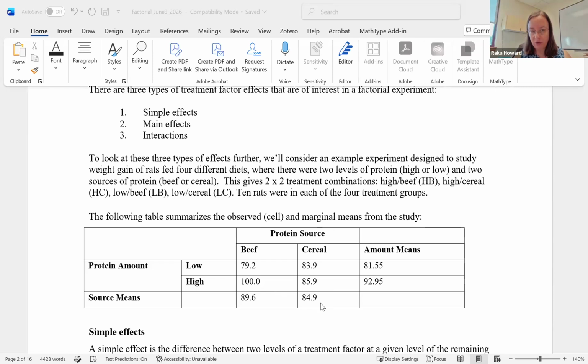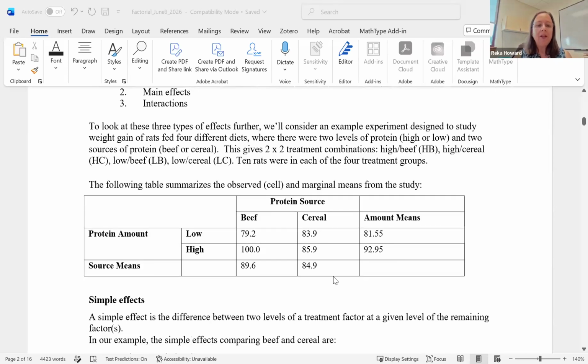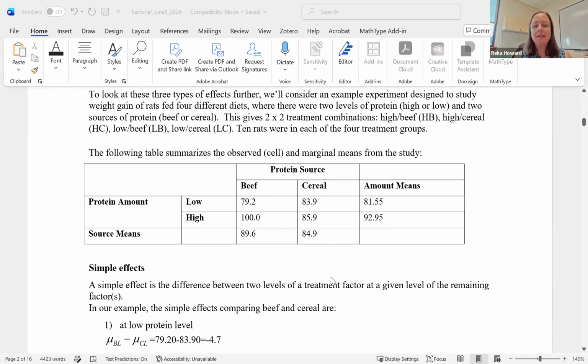And then we can also look at the mean of these two right here, and then the means of the beef and cereal at the low level here, and the beef and the cereal at the high level here. This is just an example. Don't worry about the numbers. They can be anything. So what we want to do is think about these simple effects, main effects, interaction effects.